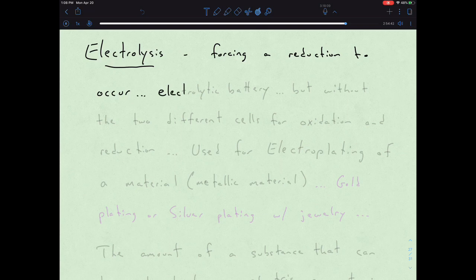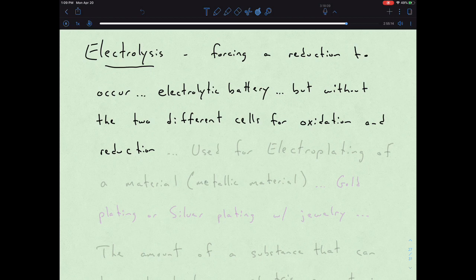It's basically an electrolytic battery, but without the two different cells for that idea of oxidation on one side and reduction on the other. And basically with electrolysis, this is used for electroplating of a material.